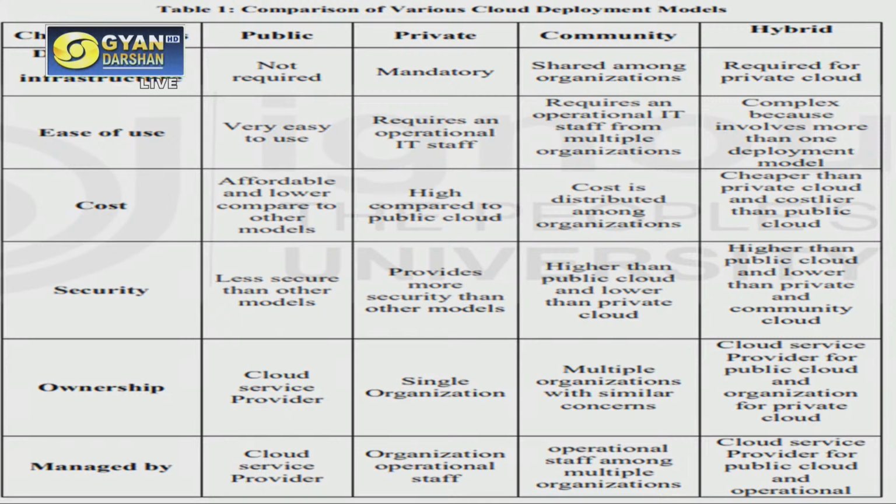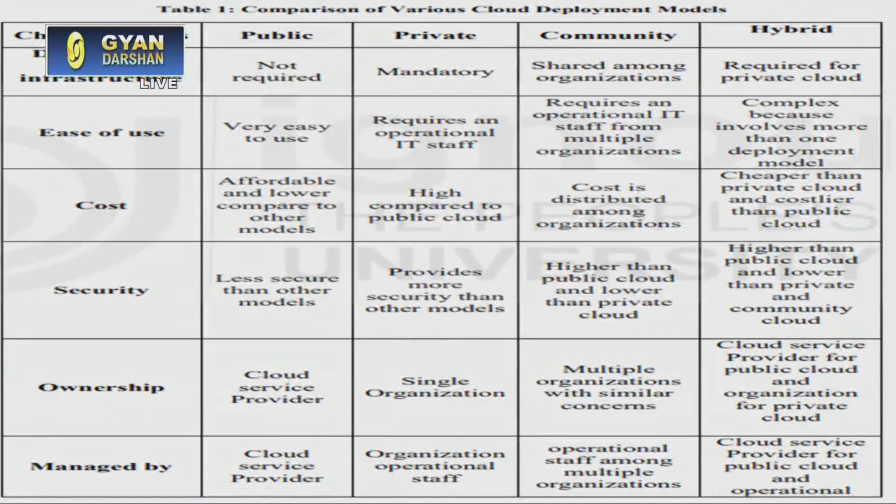So if you have fund scarcity, a lack of resources, and you do not have your on-premise infrastructure, then at that point of time it is advised to go for the public cloud. Wherein if you have the dedicated infrastructure, dedicated staff, and a low number of users, then you are advised to go for the private cloud. So far as the community cloud is concerned, because the cost is being shared by the multiple organizations, the cost is on the higher side in comparison to the public cloud, but it is distributed among the organizations, so comparatively it is low in comparison to the private cloud.